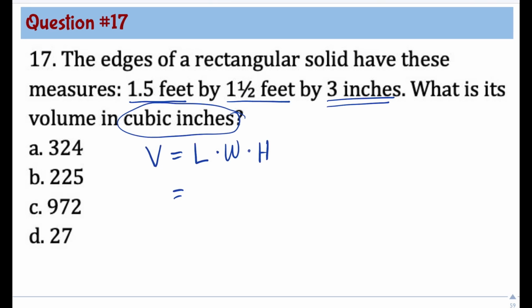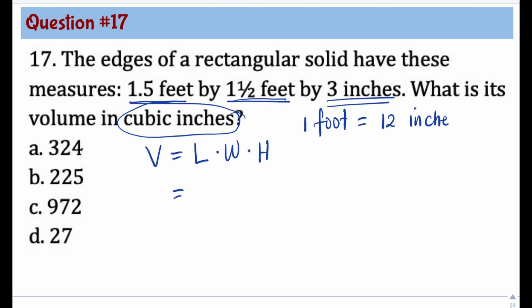Also, in this problem, the units are all different, and it's asking for the volume in cubic inches. So this means we need to convert 1.5 feet in inches and 1.5 feet in inches as well. 1 foot is how many inches? 12 inches, right?